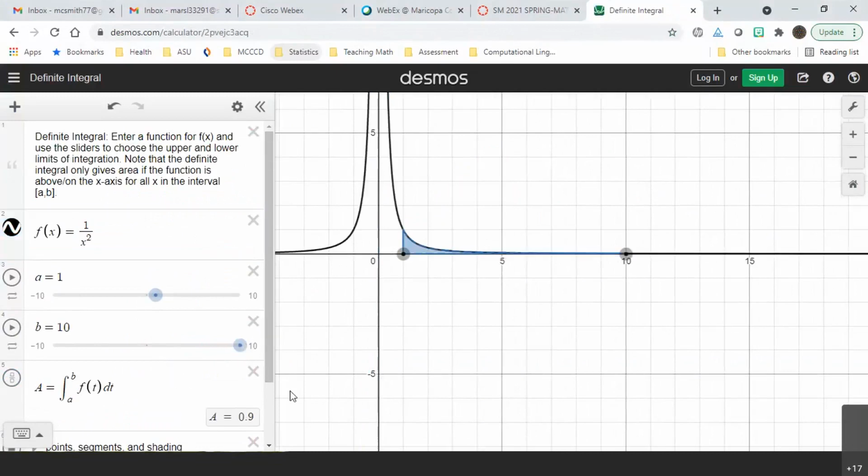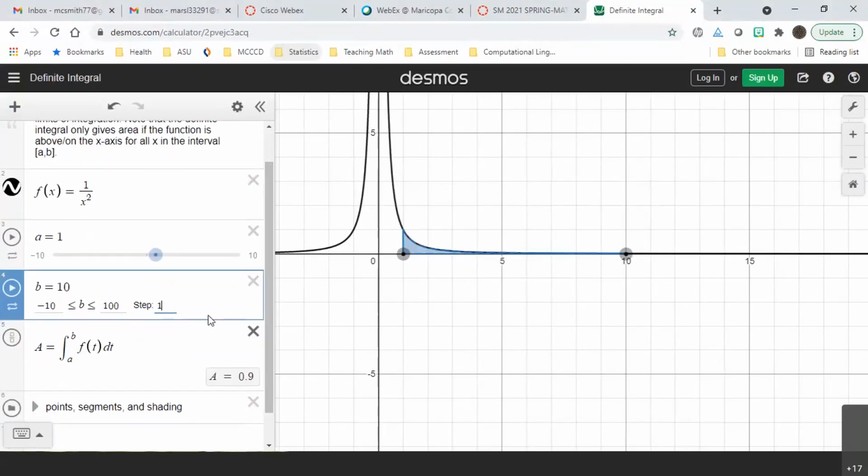But if I take a look, you can see the value's already at 0.9. If they let me go out further, like say out to 100, and I stepped in ones, I'm just changing this so I can see it. I push this all the way out. Look at what's happening to my value of the area. It's at 0.99, and you can see the shaded area.